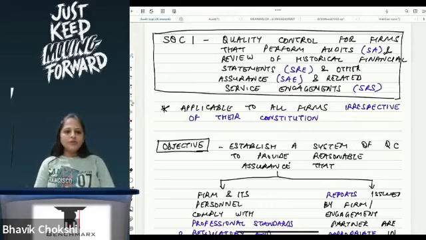Review of historical financial statements.